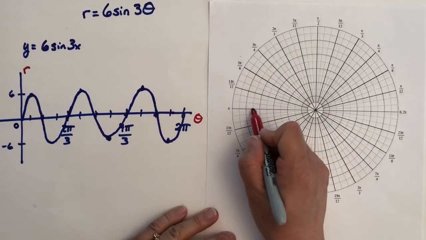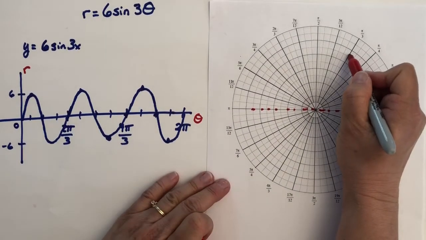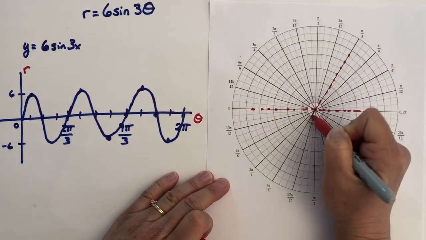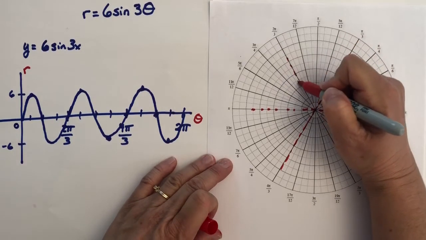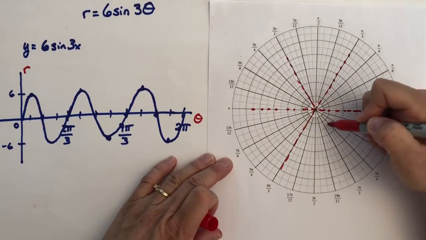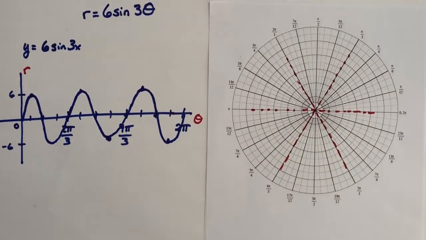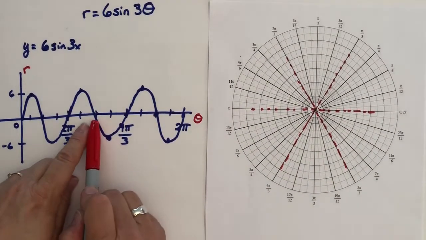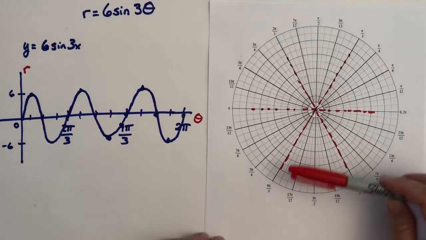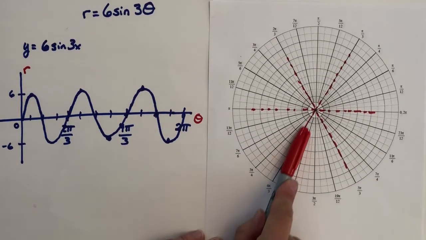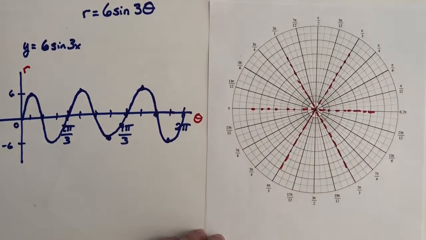So I have 0, pi over 3, and 2 pi over 3. And we also have 4 pi over 3, 5 pi over 3, and 2 pi, but notice they're already drawn because I extended the line all the way across. So those tangent lines are already drawn.